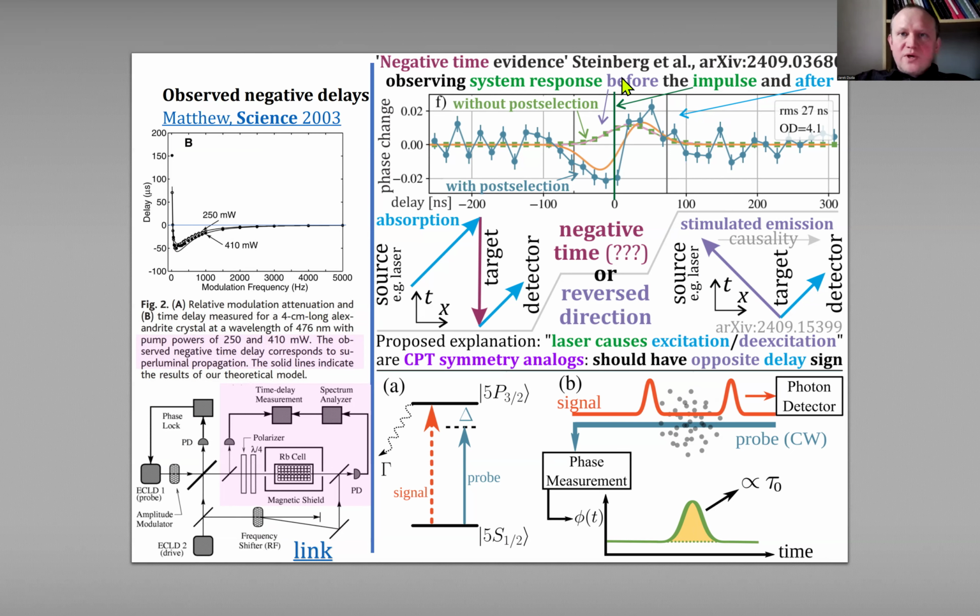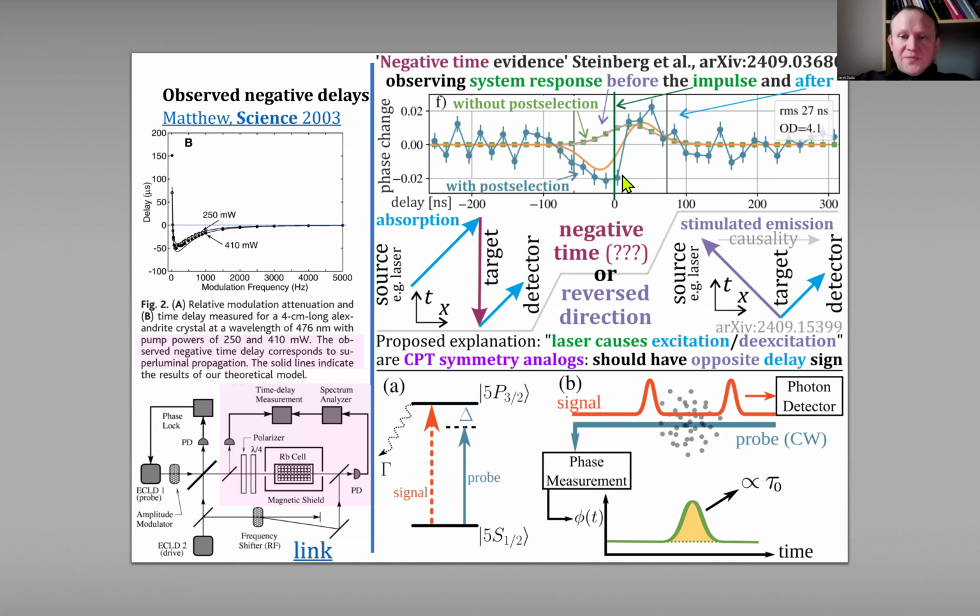And here is a recent one by the Steinberg group saying that with a very simple setting, just some rubidium, single photons and a probe, they got a response both before and after the impulse, mainly with post-selection of the photons, but also without post-selection.